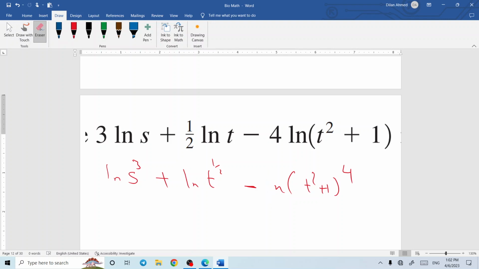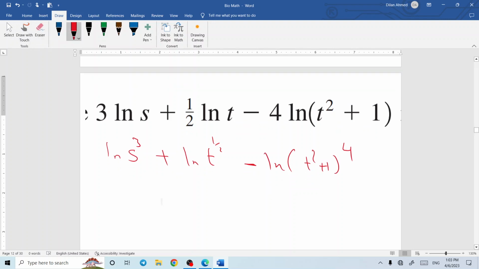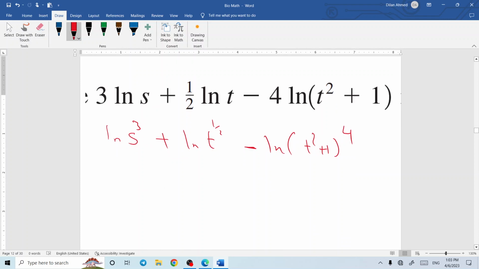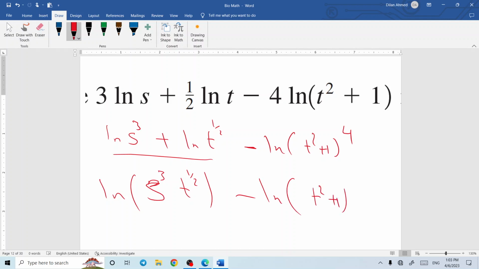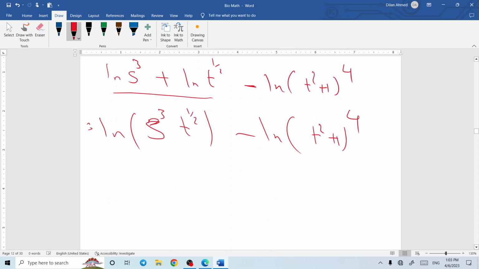No. Now, between addition, make a multiplication. I'll get what? Am I right? And between subtraction, make a division.